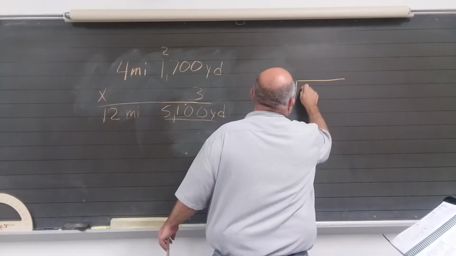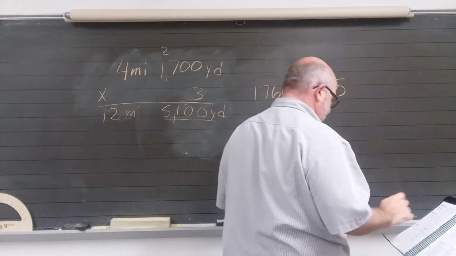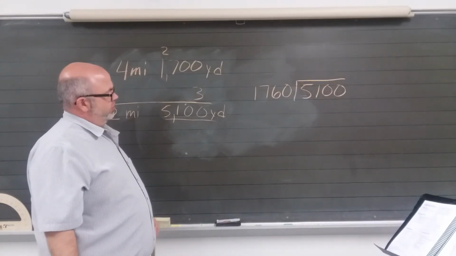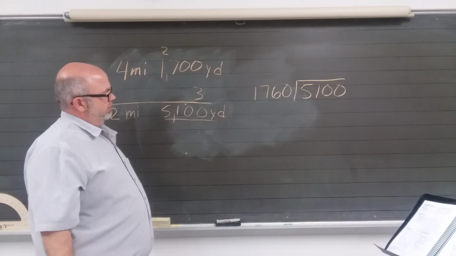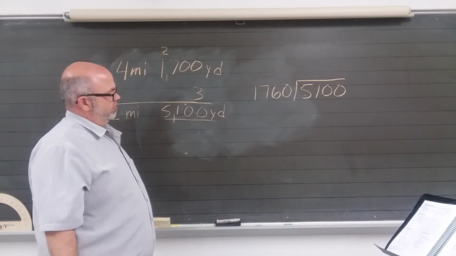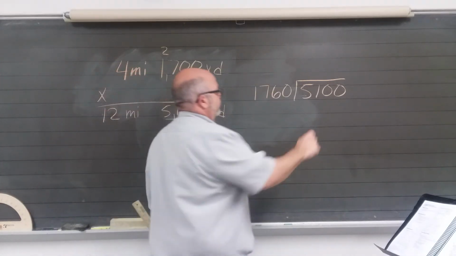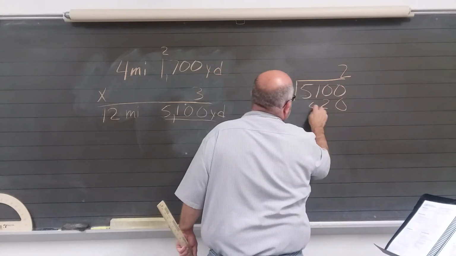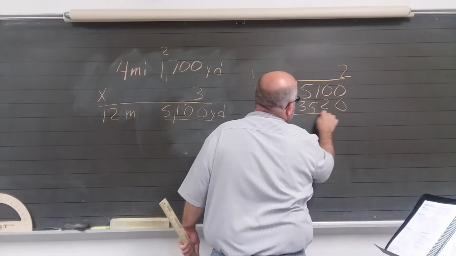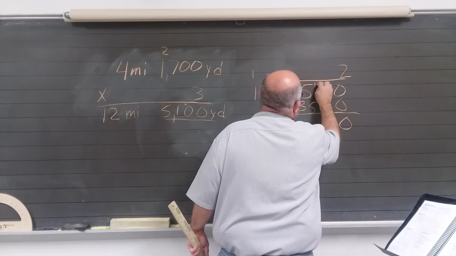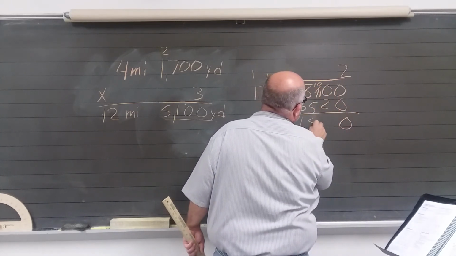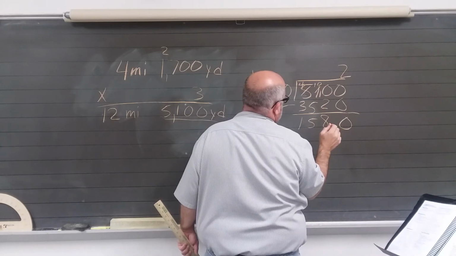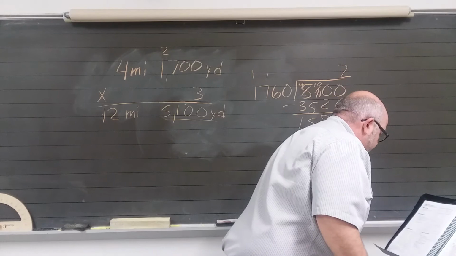Into 5,280, how many times is that going to go? 3 is going to be too high. So let's try 2. Check my numbers. Yes.